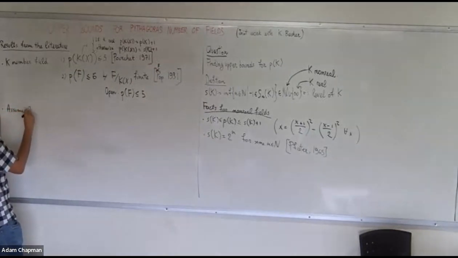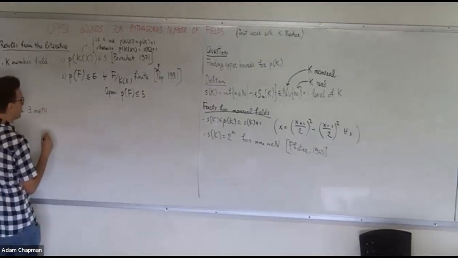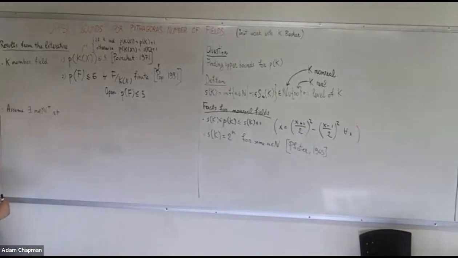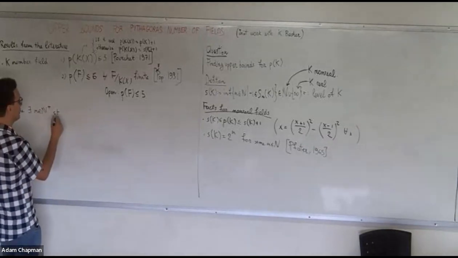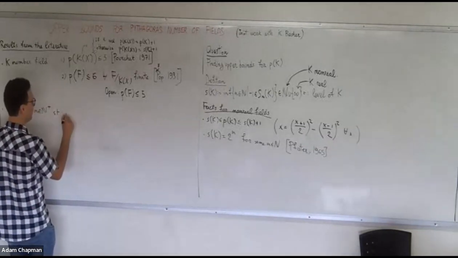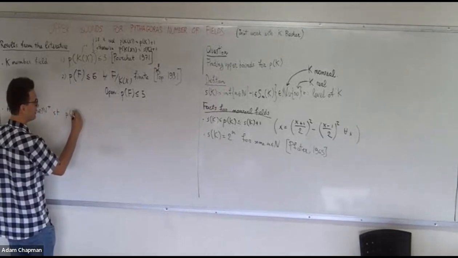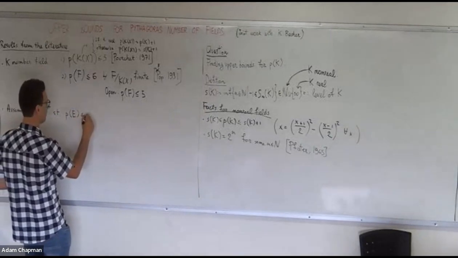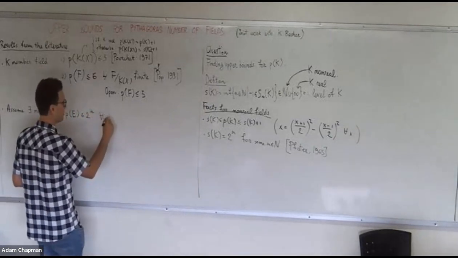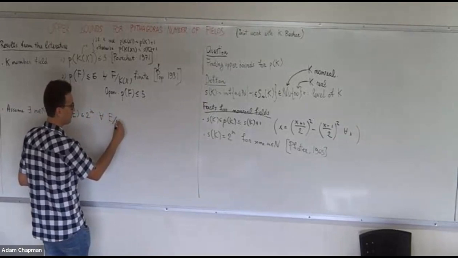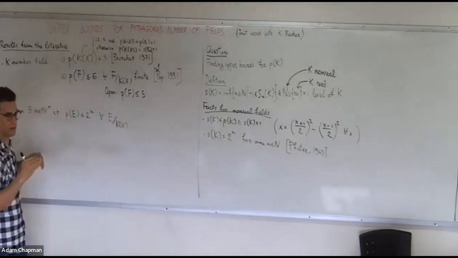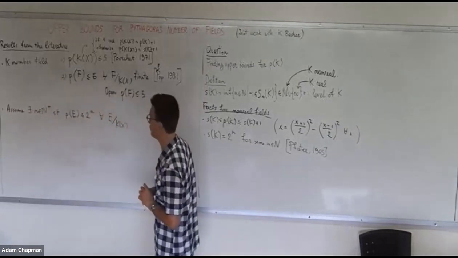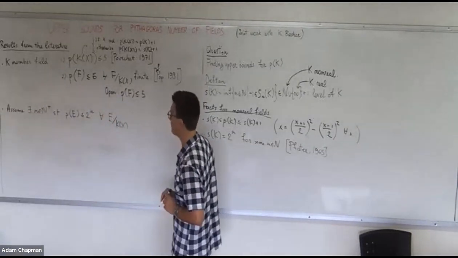Let's assume that there exists a positive integer, so a non-zero natural number n, such that the Pythagoras number of any finite field extension of K(x), so for any function field in one variable over K, is bounded by 2 to the n.